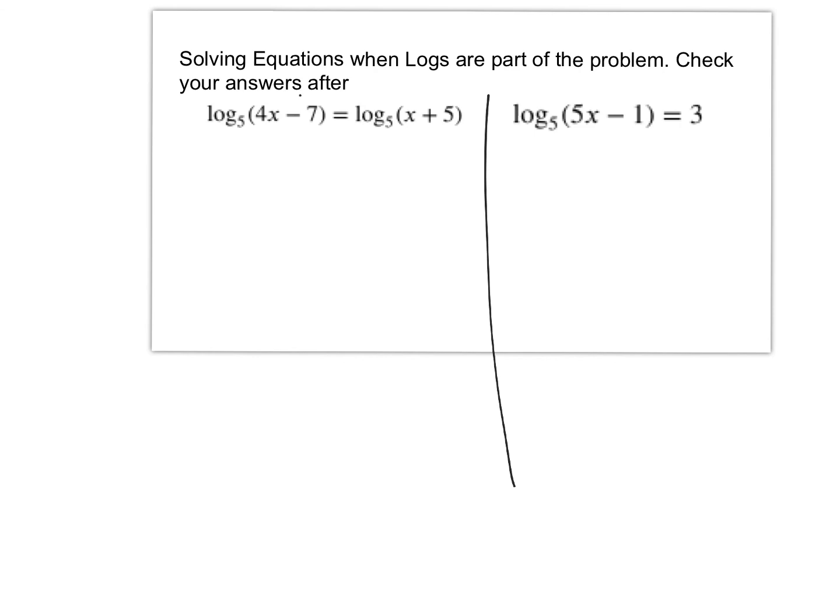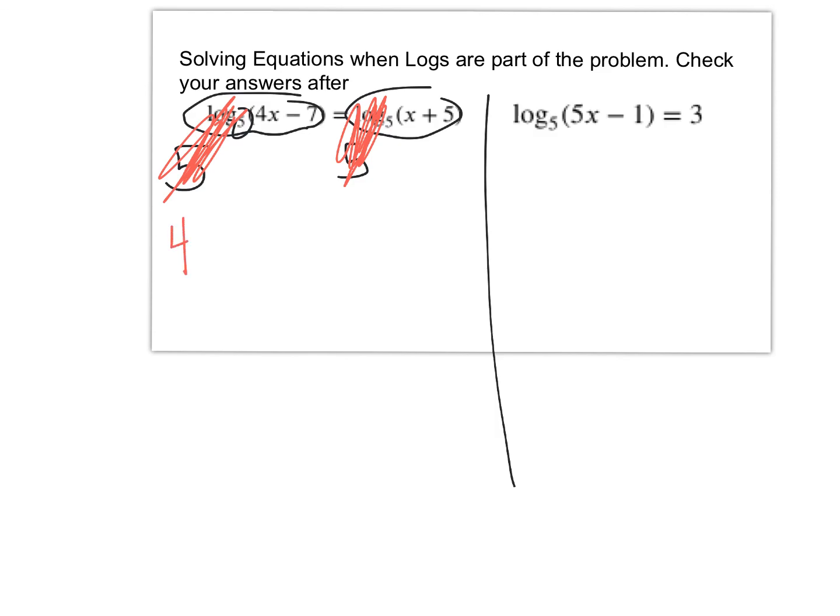So we're going to make these the exponents, and since I have base 5, I'm going to make this now 5 to the log base 5 of 4x minus 7 equal to 5 raised to the log base 5 of x plus 5. I give it a new power base. And the reason why I'm going to do that is because now this will cancel and this will cancel, leaving 4x minus 7 is equal to x plus 5.